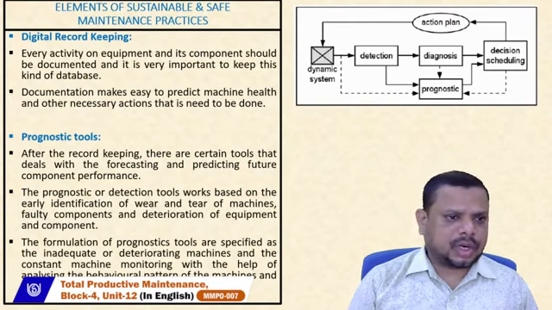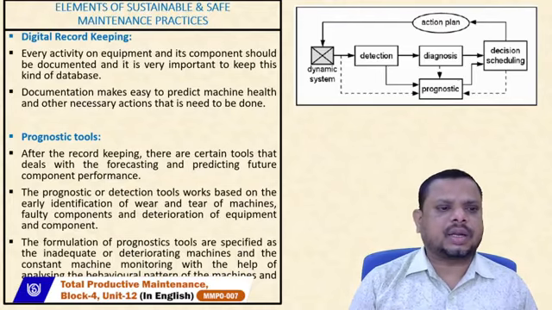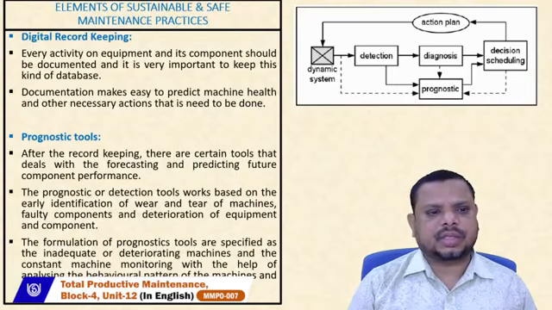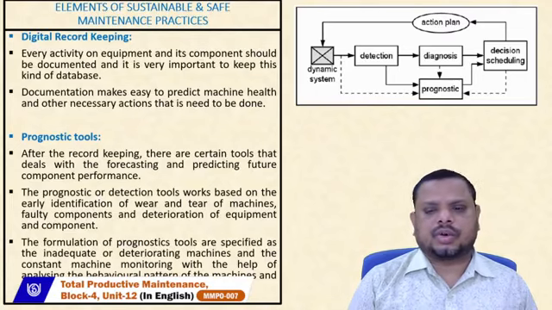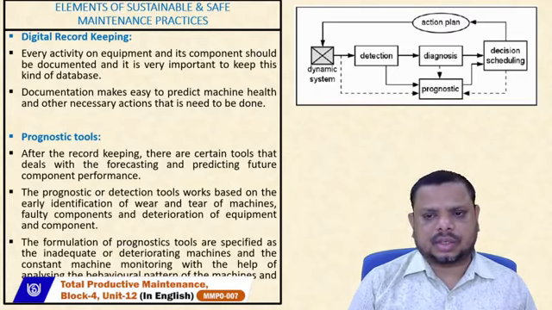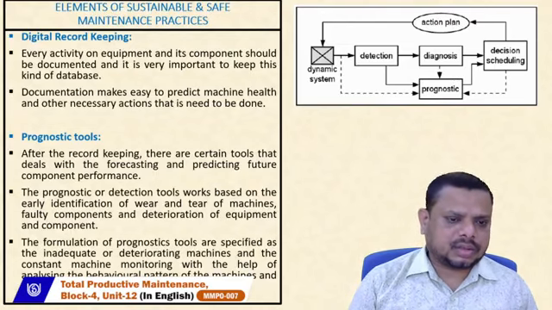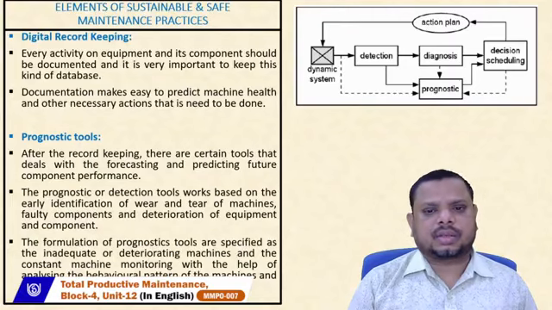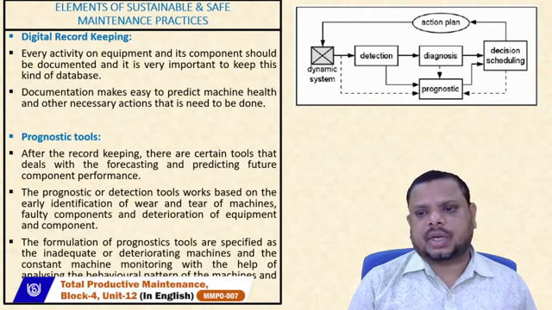The first important part is, suppose the maintenance team conducts any kind of maintenance practice on a specific piece of equipment or machine. After the maintenance, they must go for documentation. That means the specification of the machines, the manufacturer details, the operator details, and the different parameters of the equipment, and the data must be kept in a particular database.